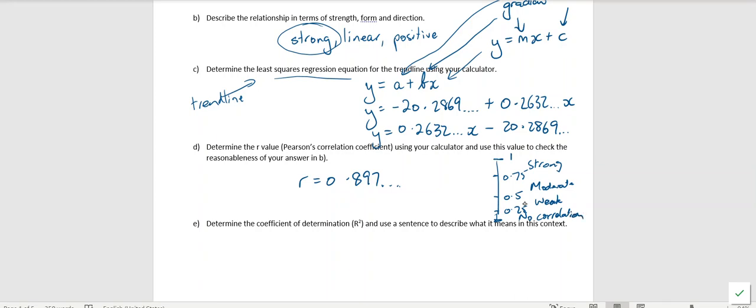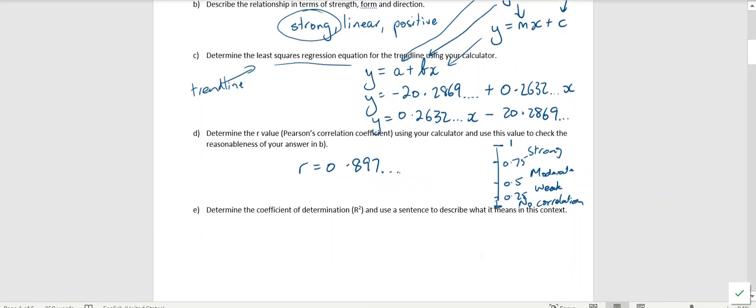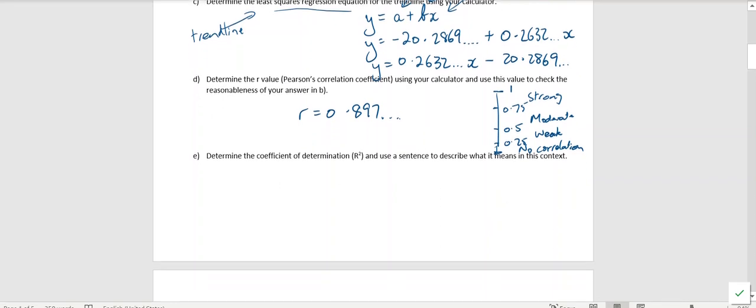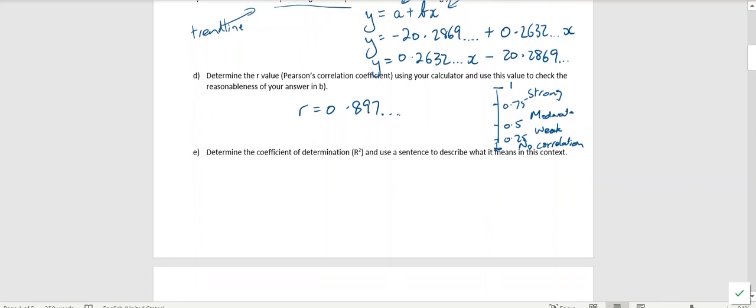Now we can have a negative R value, so it keeps going down if it's between the negative versions of that. Negative 0.75 to negative 1 is a strong negative relationship. So that R value can be negative all the way down to negative 1. Just be careful with that if you see that there is a negative gradient.